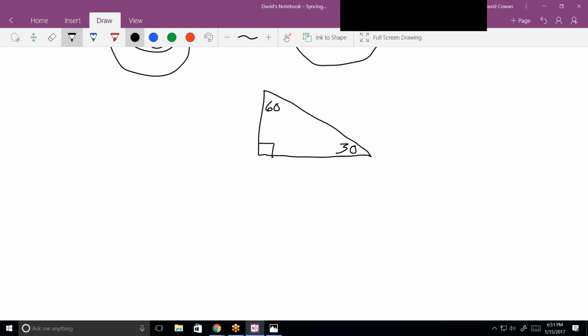What's this side equal to? The one opposite the 30? 1. What's the one opposite the 60? Square root of 3. And that's 2. And on the 45, 45, right triangle.